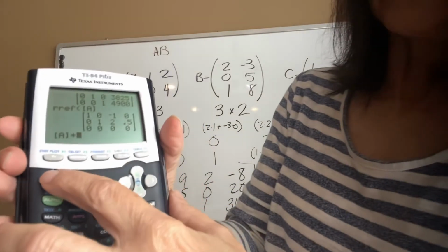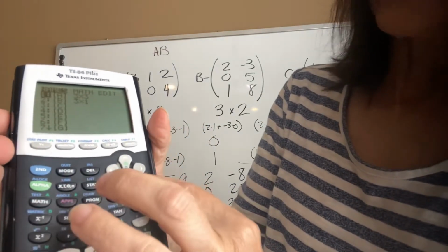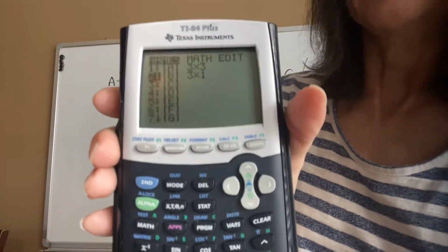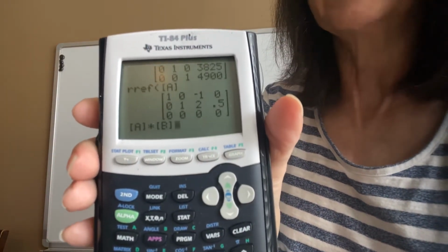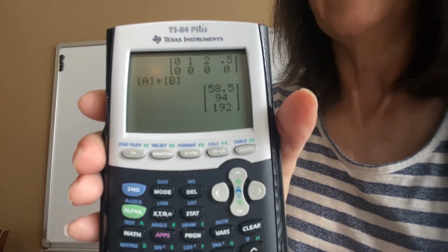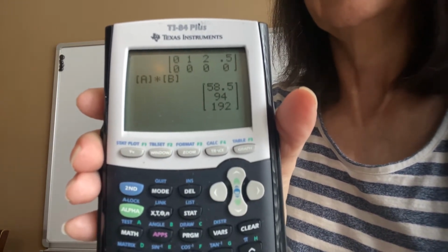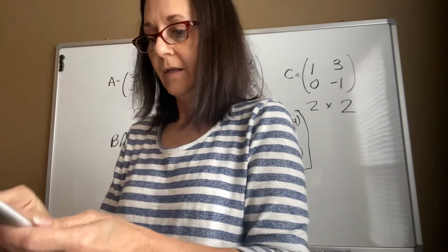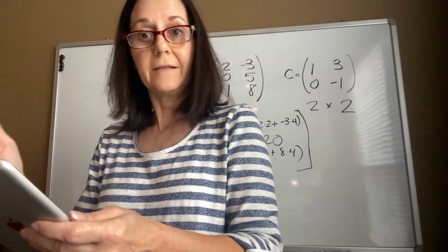Then go back in to your matrix and choose matrix B. And hit enter, and B pops up. And then when you hit enter again, it multiplies them. And it gives you the answer, okay? So you can do that in your calculator.